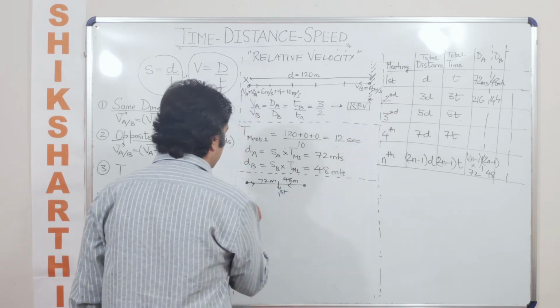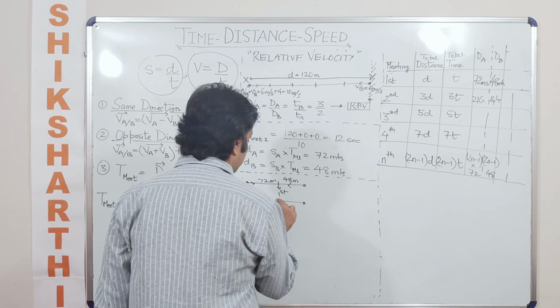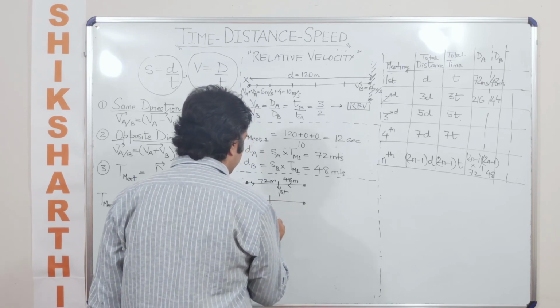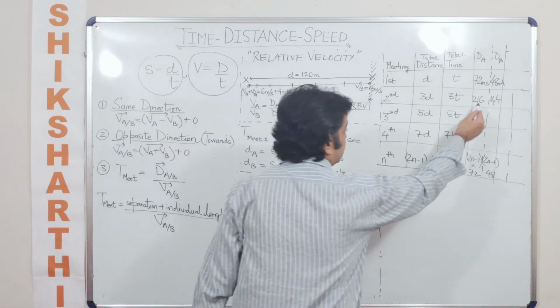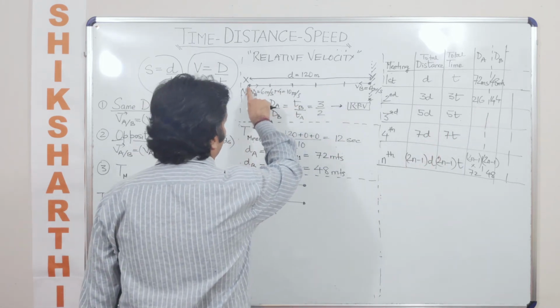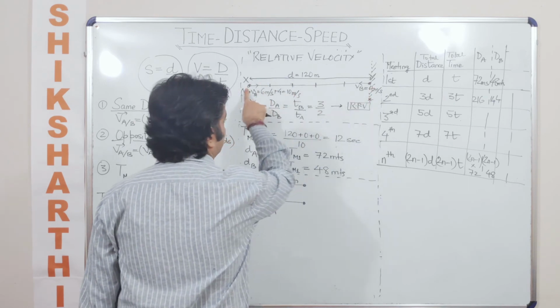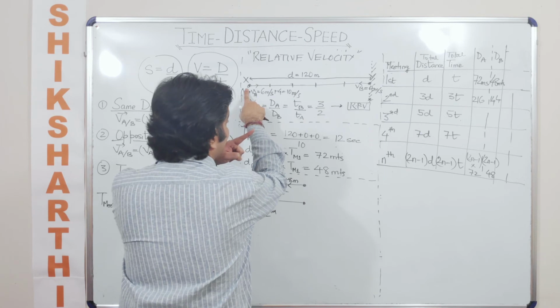The next thing that you can do here is, next time when they are meeting, let's say this is the second time, will they be meeting at the same point? Let's check it out. So when I say 216, let's see how do I make 216. This is 240, but A is covering 216.